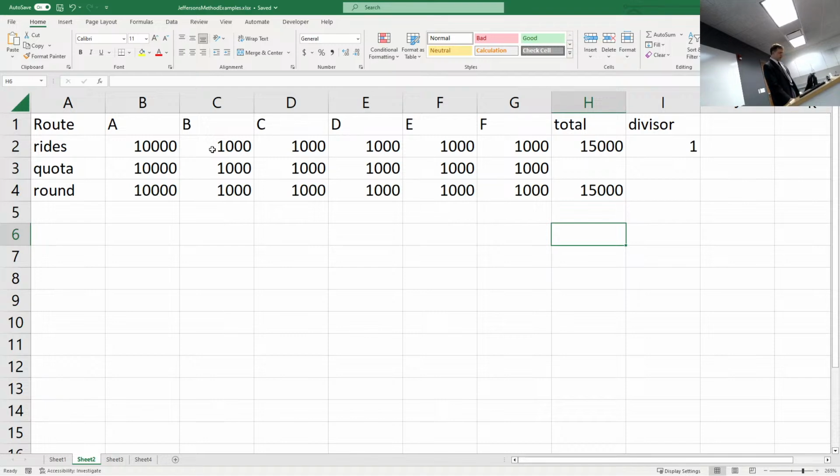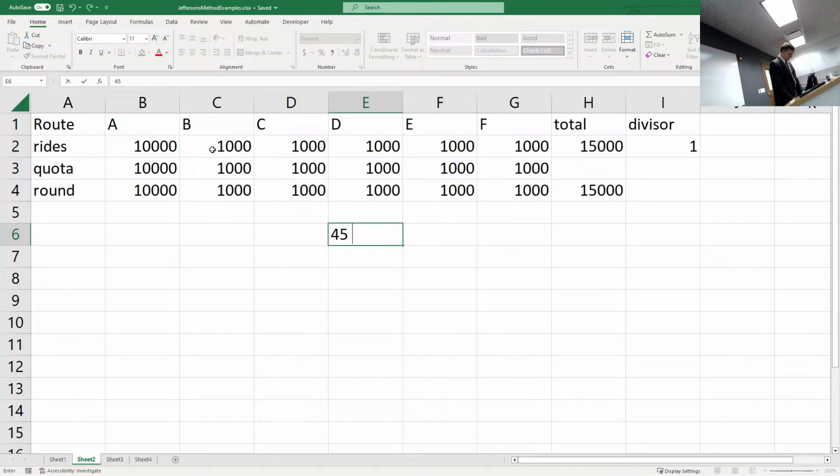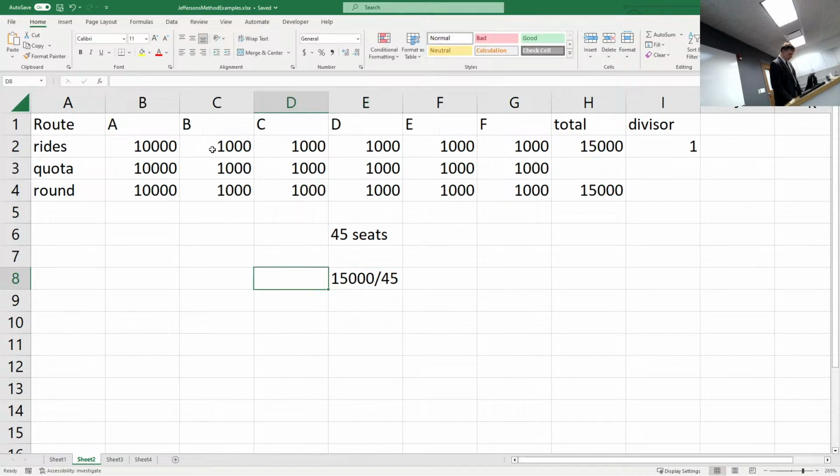Will that do it? We're going to find out. So let's say that we have 45 seats. So the total is 15,000, 45 seats, and we'll do 15,000 divided by 45 as the standard divisor. This is math that you do on your calculator.